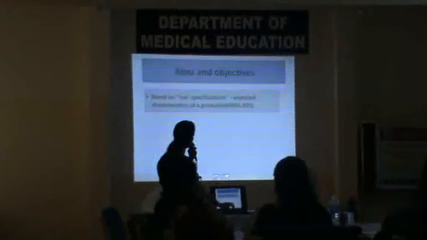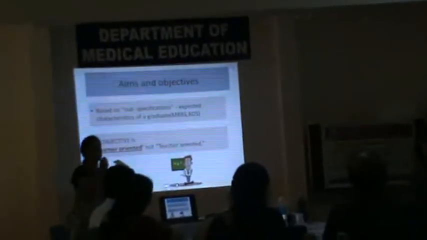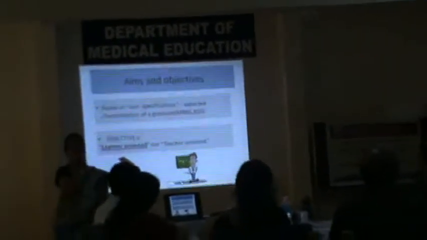So the aims and objectives we saw are based on our specifications. Here we said the expected characteristics of a graduate. That means it is learner centered. So we look at the objective which is learner centered. We look at the outcome, which is based on how the student becomes better.